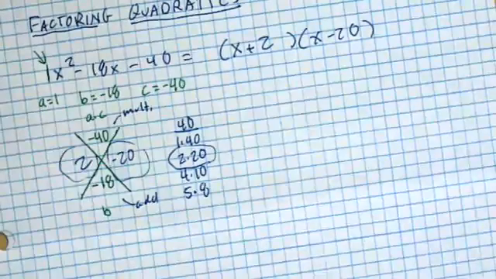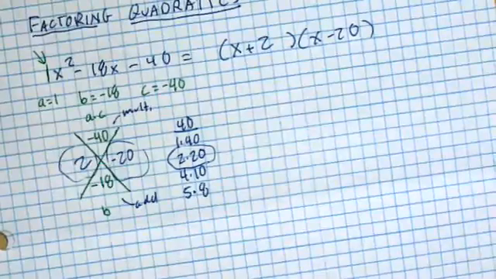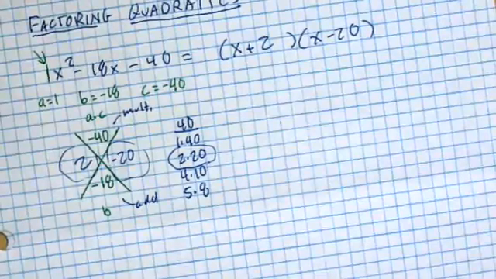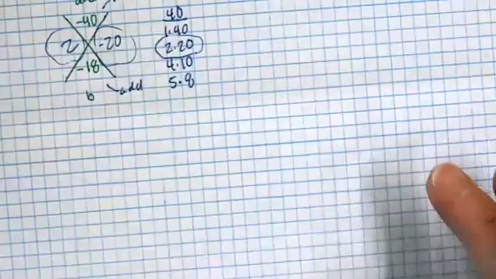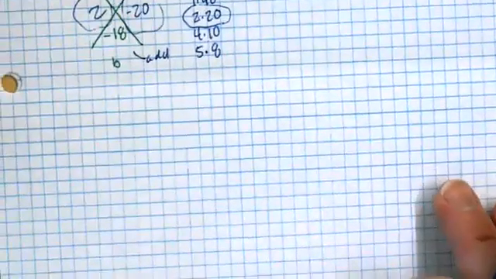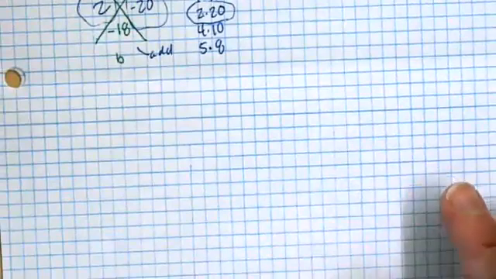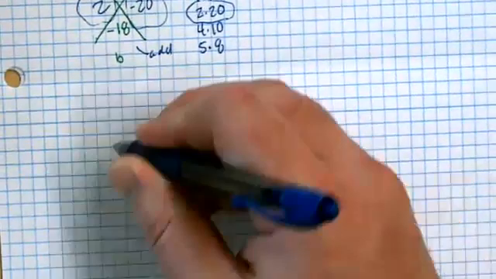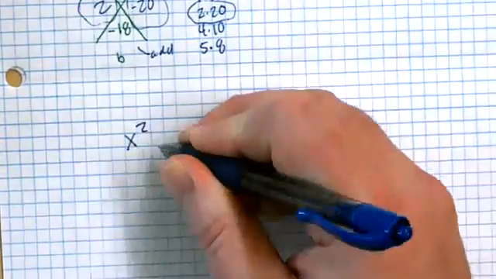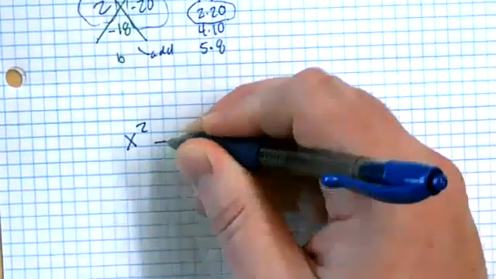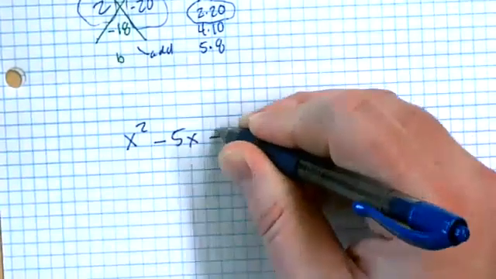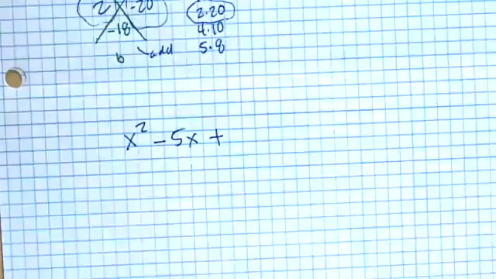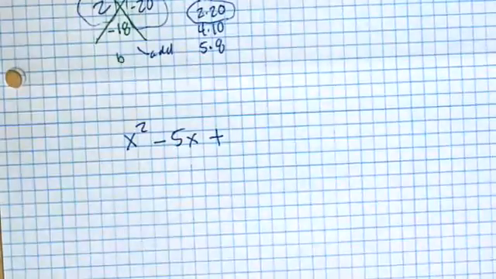Anybody interested in a faster way of doing this? All right, so I'm going to show you the quicker way of doing this. And you can actually use this to do some of the more complicated ones. Let me come up with an example here. X squared minus 5x, hang on here, what do I want to do?